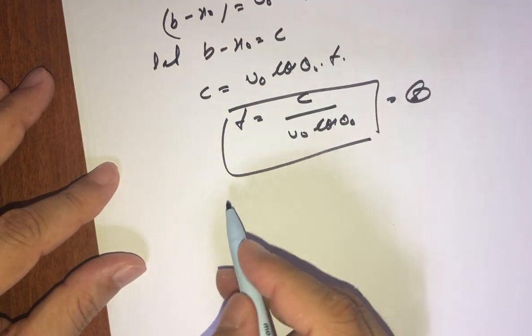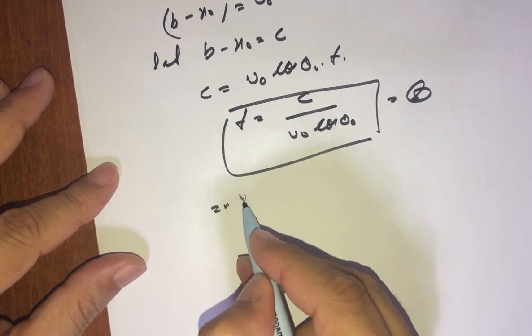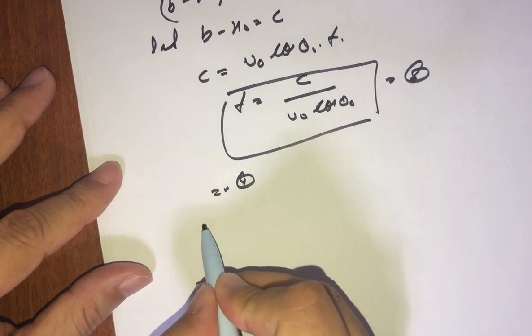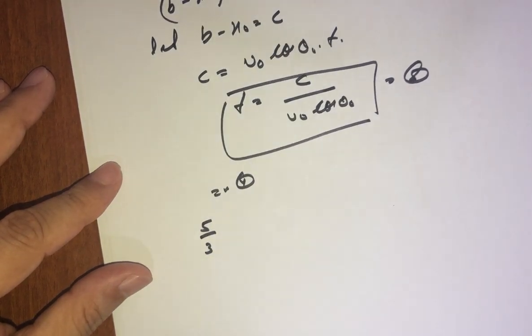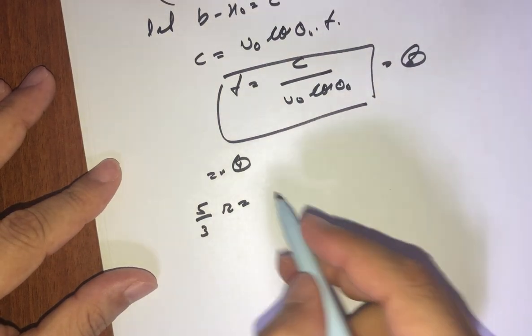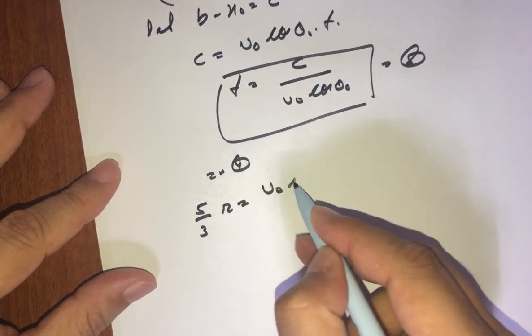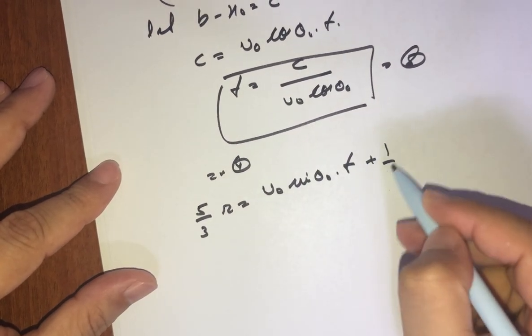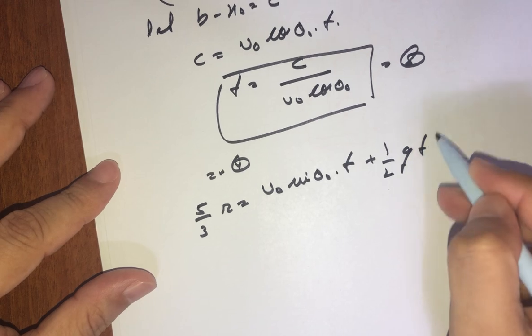Again we are going to write equation number 4. Equation number 4 was given as 5 by 3 r is equal to v naught sine theta naught into t plus half g t square.